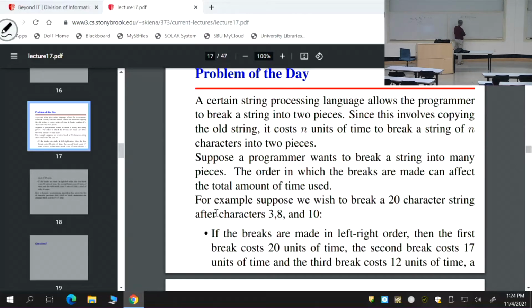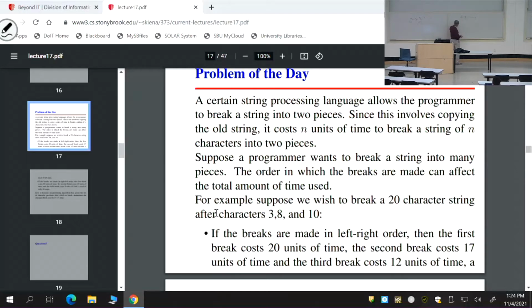What if I now make the cut over here? What is the cost of the cut at 8 after I have made the cut at 3? The string after we've made this cut, what do I know? I've got a bar that goes from here to here. What's the length of that piece? 17.